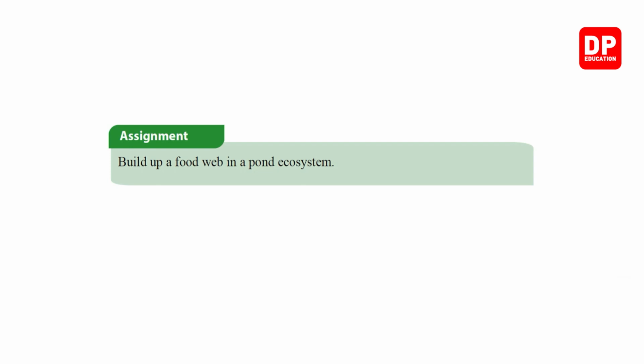We can observe frog, dragonfly, then my dear children, we can observe fish, then kingfisher or else birds, we'll mention as birds.